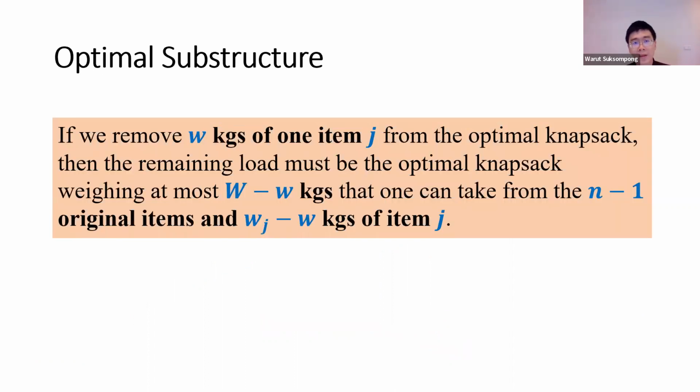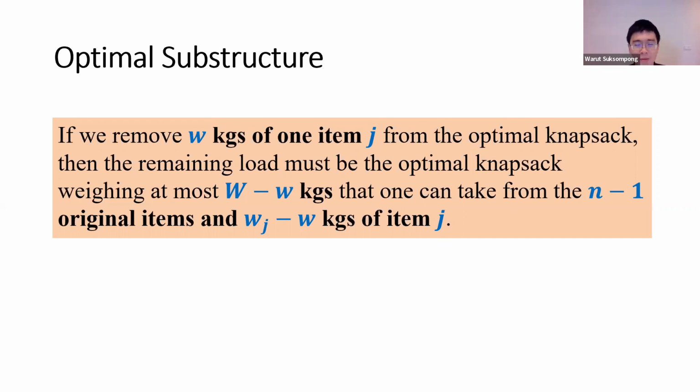Okay, so just like in dynamic programming, in greedy algorithms one component is the optimal substructure. This says that if you remove, say, little w kilograms of one item from the optimal knapsack, so suppose you have some optimal choice already, and we remove some number of kilograms of one item, it might not be the whole item.